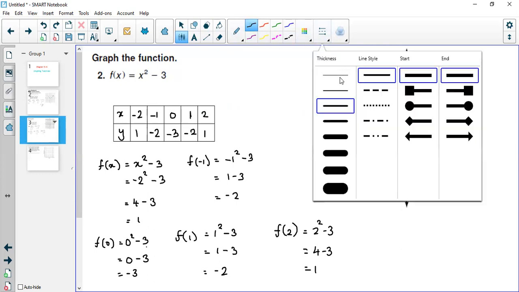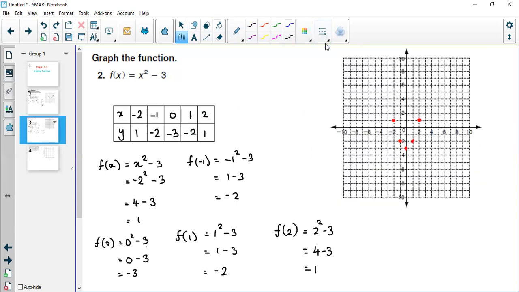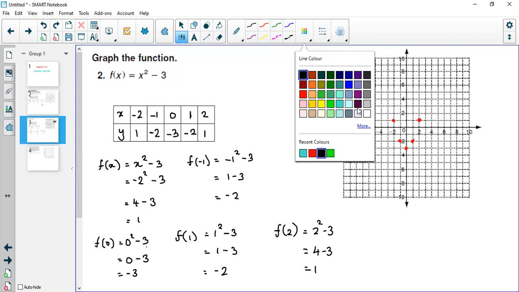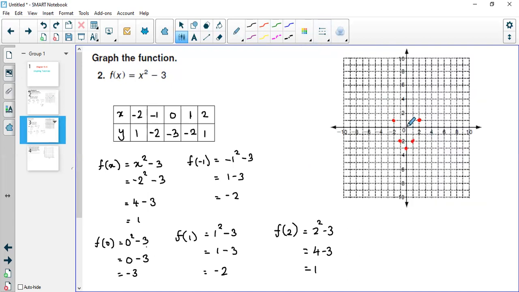Next thing is what's crucial a bit, because we need to join it in a proper way, in a nice way, because that's important. Try your best to keep it as curved as possible, like that.